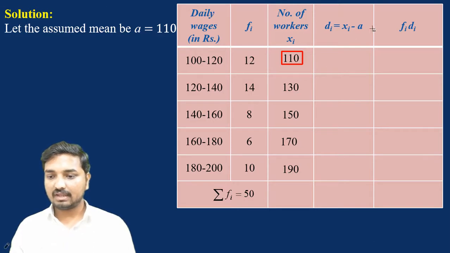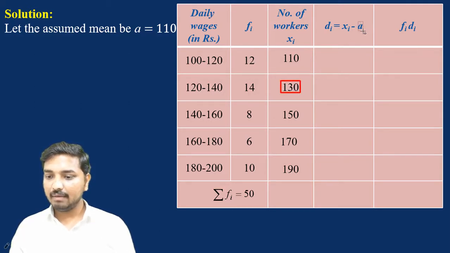Now xi minus a, where a is fixed at 110. In the first case xi is 110, a is also 110, and 110 minus 110 becomes 0. The next one, xi in the second row, is 130.